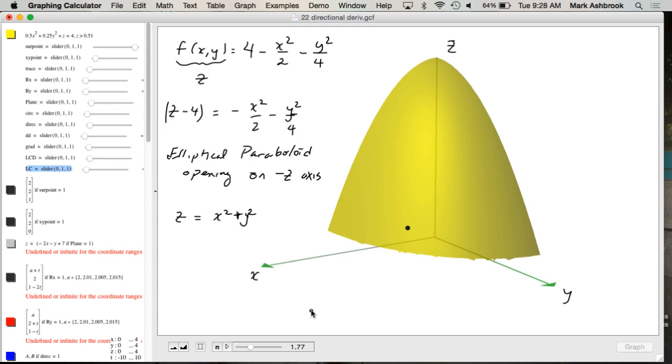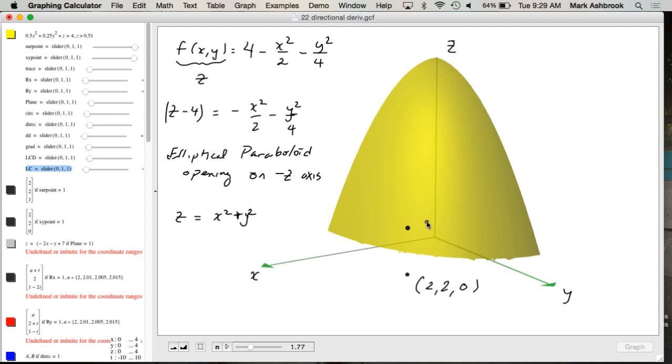And what is the corresponding z value when x and y are each 2? So here's the point 2, 2, 0, and that lies in the xy plane. So what are the actual coordinates of the point on the surface when x is 2 and y is 2?